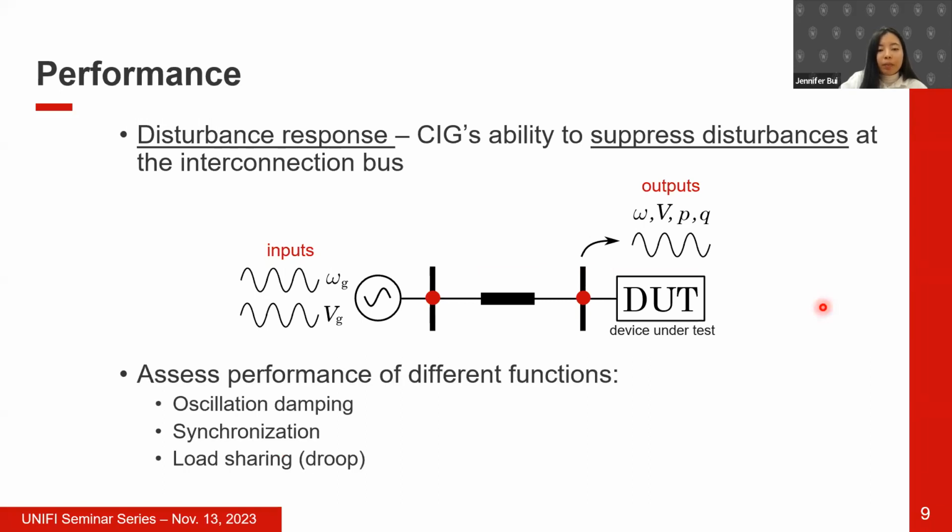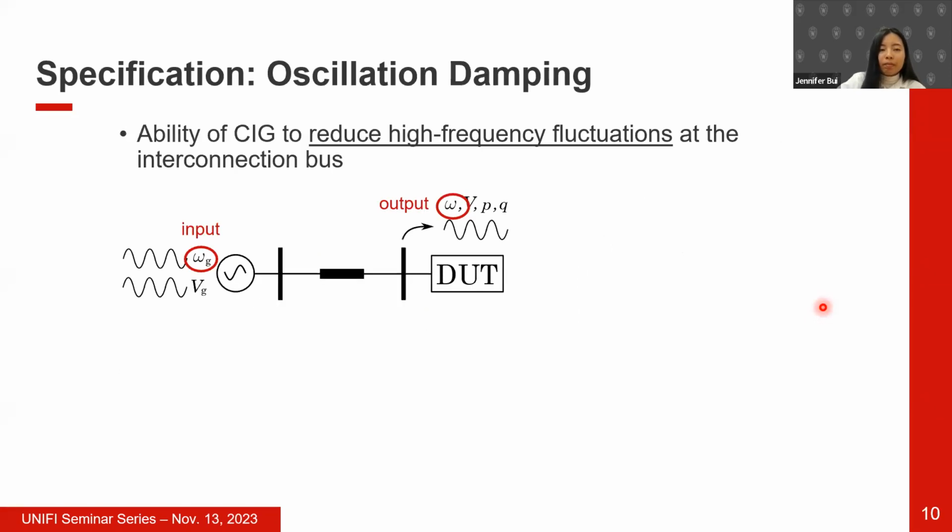Using this framework, we can develop some performance specifications related to different functions, including oscillation damping, synchronization, and load sharing. So here's one example of a performance specification that we developed. It is called Oscillation Damping and describes a device's ability to reduce high frequency fluctuations at the interconnection bus.